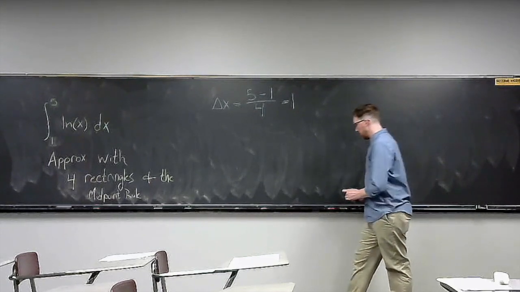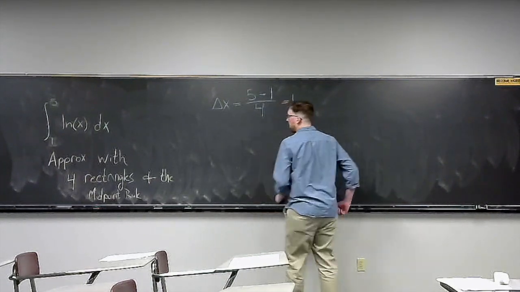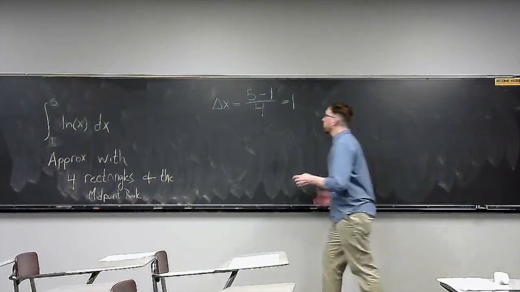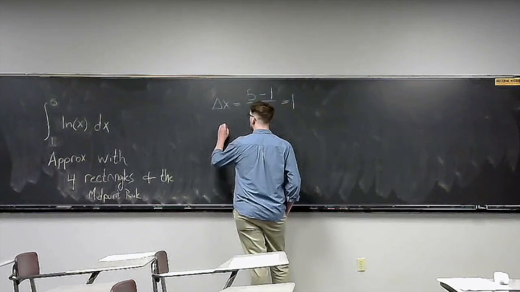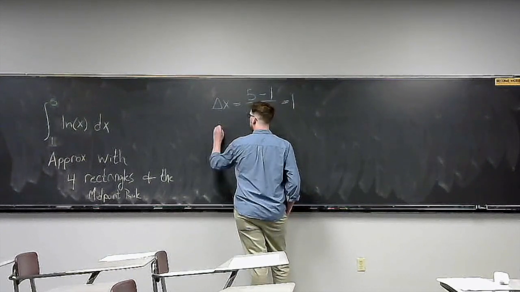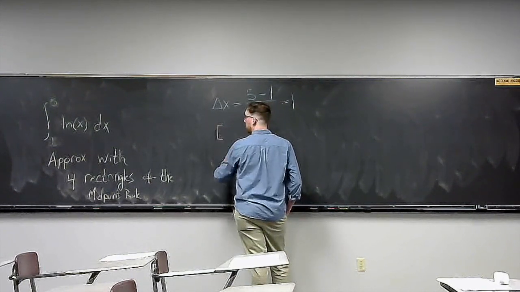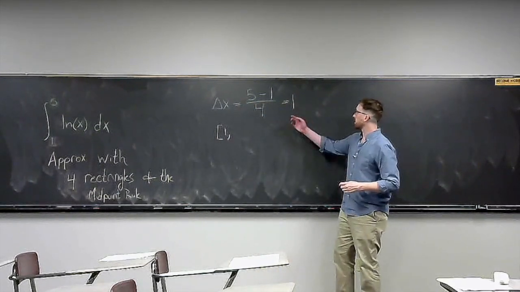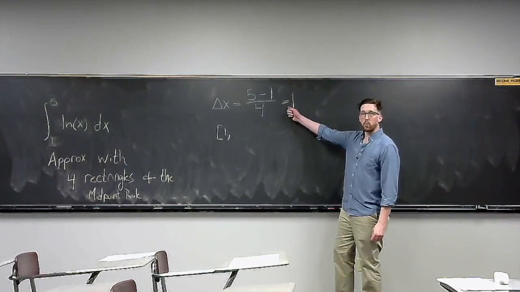Now, using that, what we need to do is find out what our intervals are going to be. Our intervals are going to be from 1 to, we need to go delta x away. Well, delta x is equal to 1.